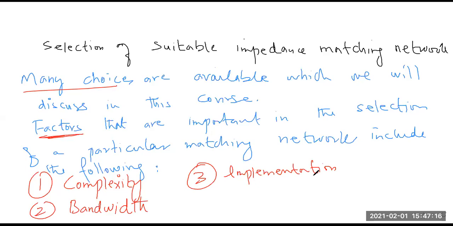Once you understand the theory and working principle of impedance matching circuits, you will be able to understand this implementation. But if I explain it in a simple manner, if it is difficult to design one circuit compared to the other, then of course you are going to go for the circuit which is easy to implement.